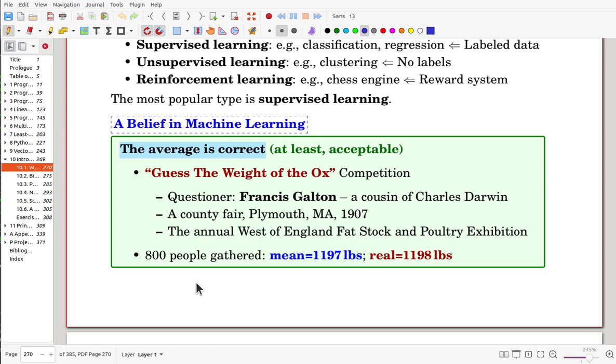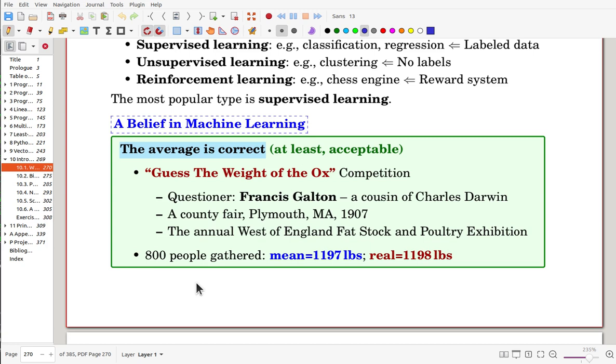In 1907, there was a county fair in Plymouth, Massachusetts. The questioner was Francis Galton, who is a cousin of Charles Darwin.